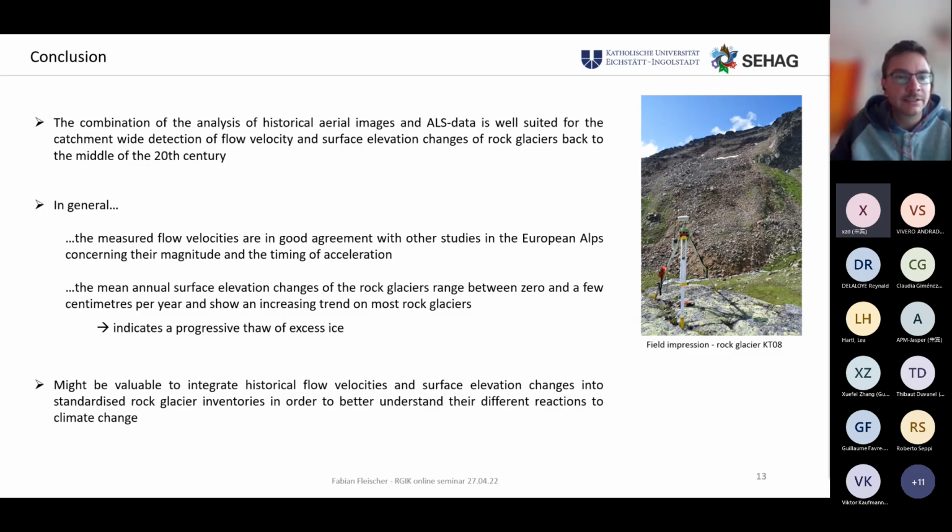Despite these general trends, the catchment-wide view also shows that the magnitude and spatial patterns of the multi-decadal changes in the kinematics of rock glaciers can be quite different. Therefore it might be of value to integrate historical flow velocities and surface elevation changes into standardized rock glacier inventories in order to better understand their different reactions to climate change.